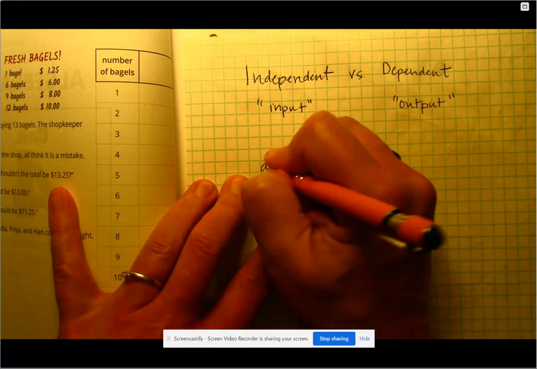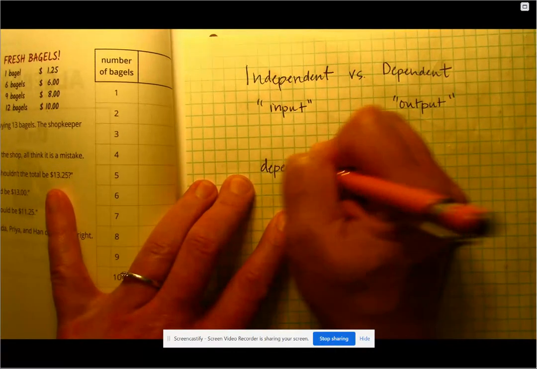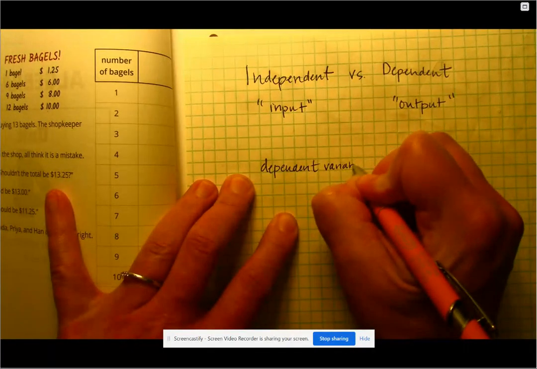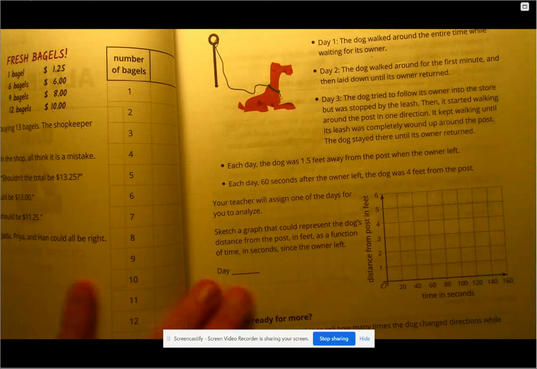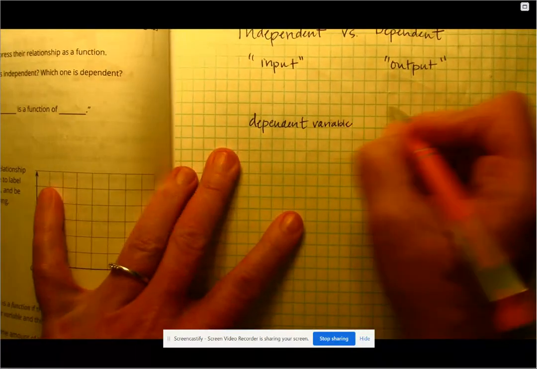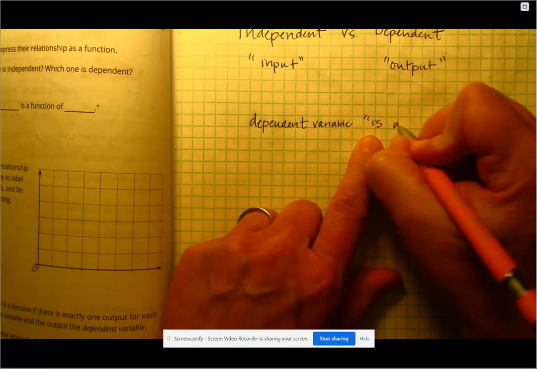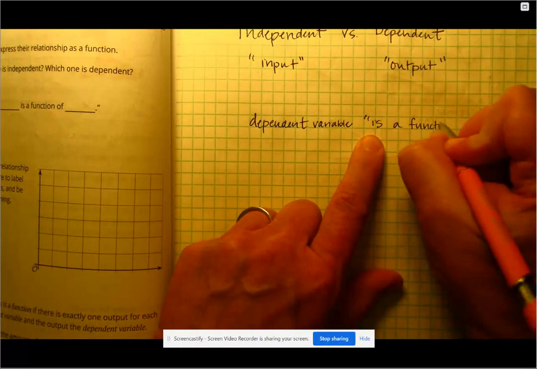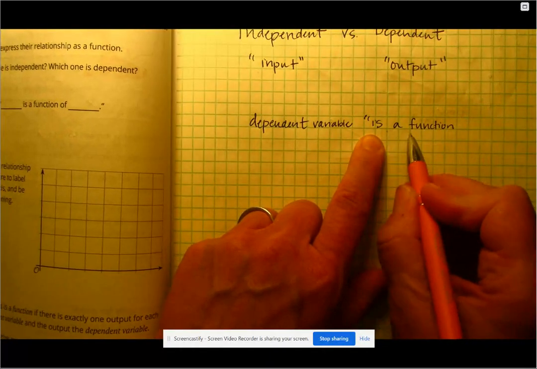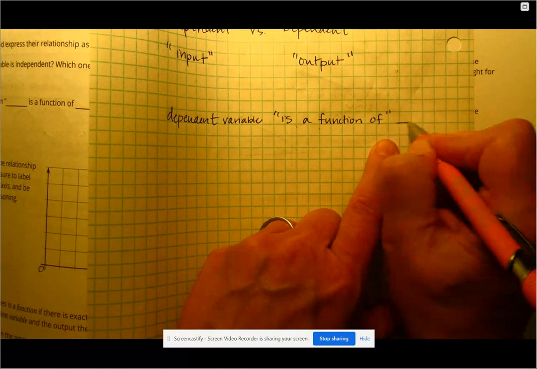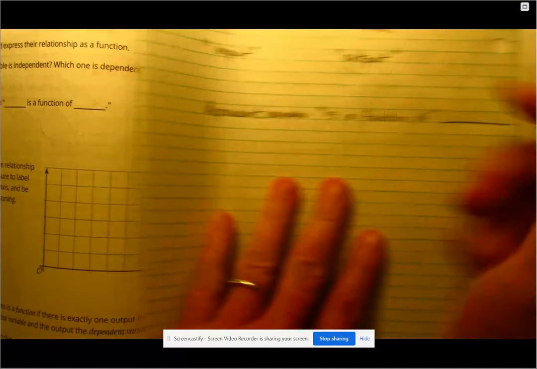The dependent variable is a function of, so this is the new terminology for you guys, is a function of. And you can almost think, you can replace that if that confuses you for a while. Depends on is a function of the independent variable.